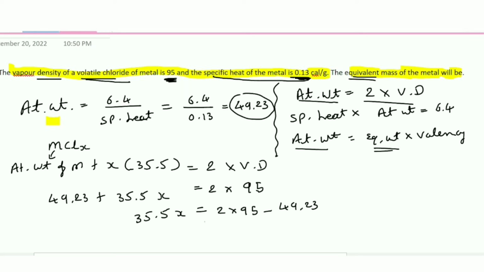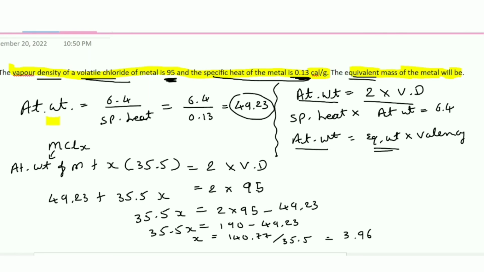So it gives you 190 minus 49.23, and finally we can write 140.77 is equal to 35.5x. So x is equal to 140.77 divided by 35.5.